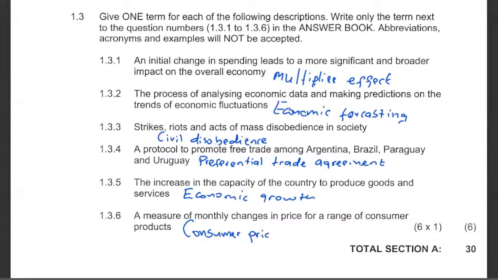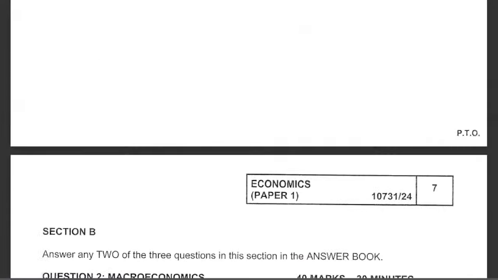Okay, right. Now let's move on to the next question, which is question 2. Remember, grade 12s, in this section you are expected to answer only 2 questions and then you drop 1 question.